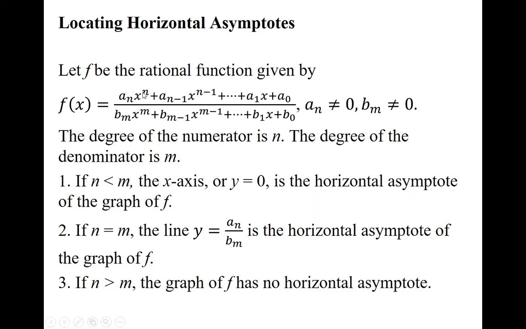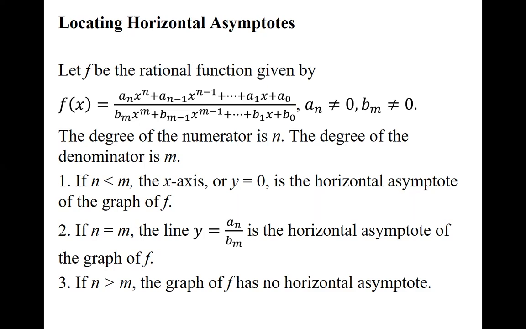If n is less than m, if the degree of the top is less than the degree of the bottom, then the horizontal asymptote is y equals 0, or the x-axis. And if the degree of the top is greater than the degree of the bottom, if n is greater than m, then there is no horizontal asymptote. So we have three conditions that we need to keep straight here.